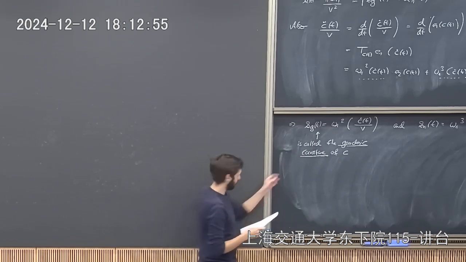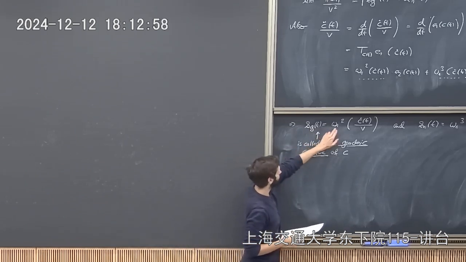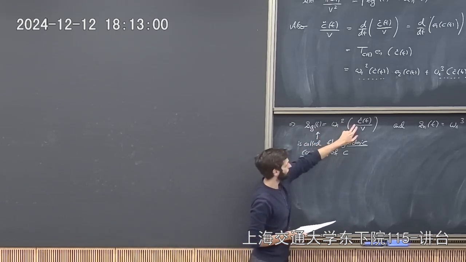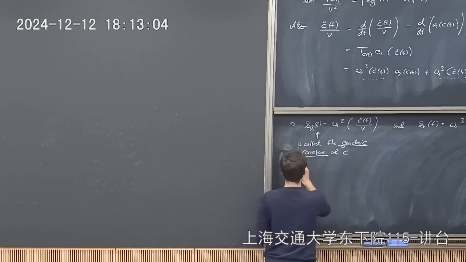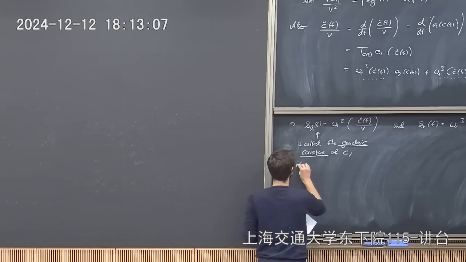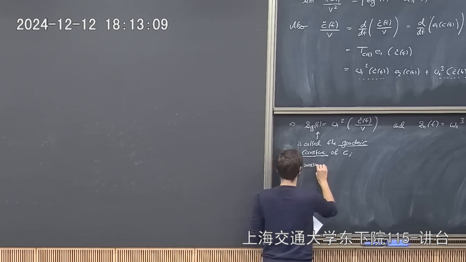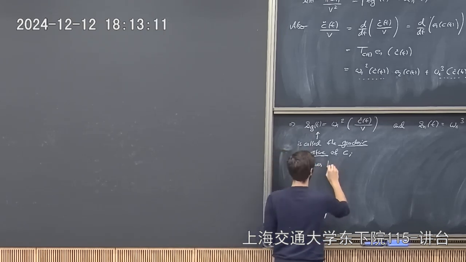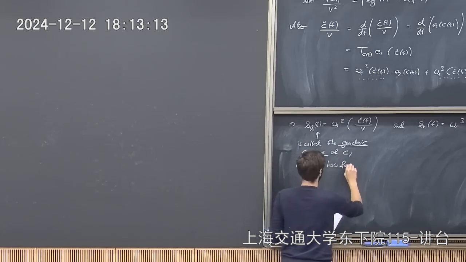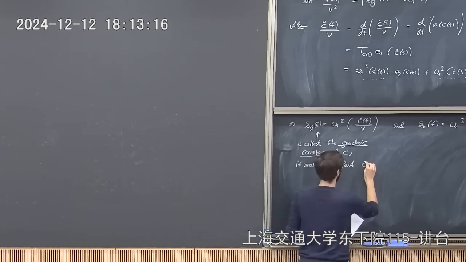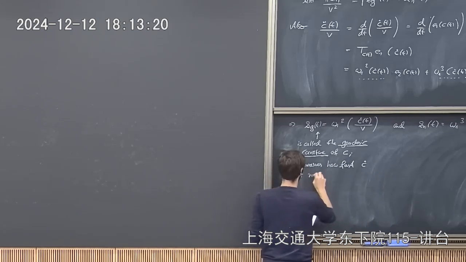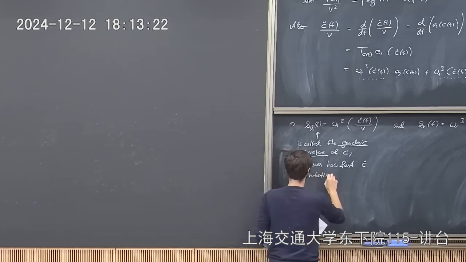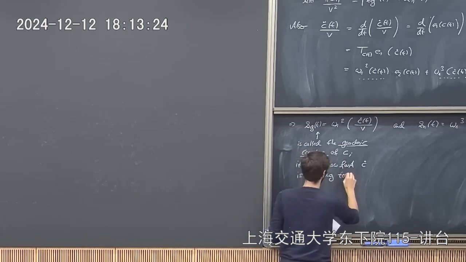And from this formula, because it's the 1-2 component evaluated at C dot, it measures how fast the tangent vector C dot is rotating towards E2.